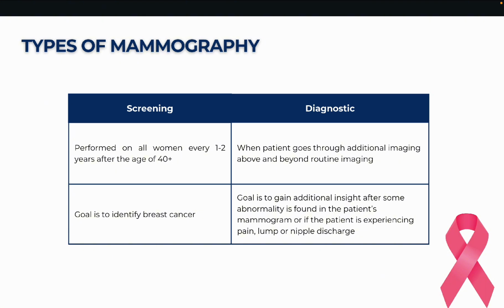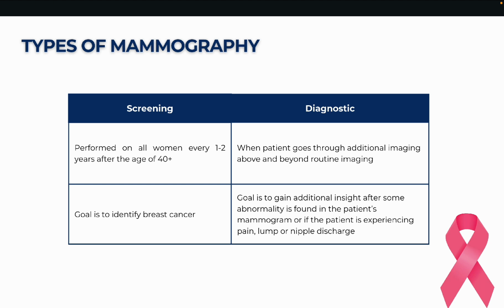Diagnostic mammogram, on the other hand, occurs when, for example, a patient is presented and she has dense breasts, and the doctor is concerned whether the dense tissues might have a tumor or not. So the patient goes through additional imaging that is above and beyond the routine screening mammography.